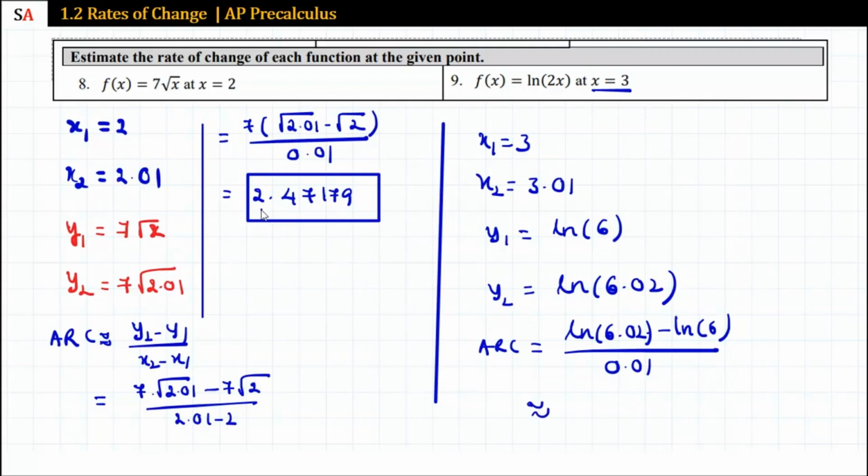So using calculator, which is approximately 0.33277.